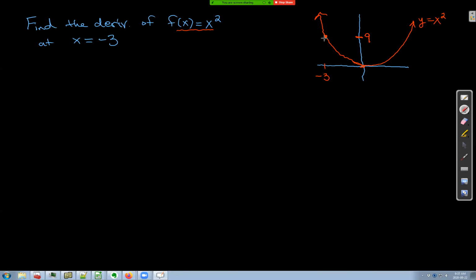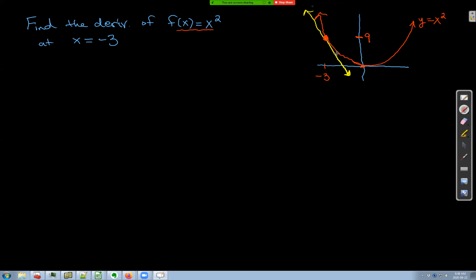So we've got this point, and now I can imagine drawing the tangent line, the line that just kisses the curve right at that point. It's a pretty terrible drawing, I apologize, but we'll make this a nice big point so it looks like a tangent.